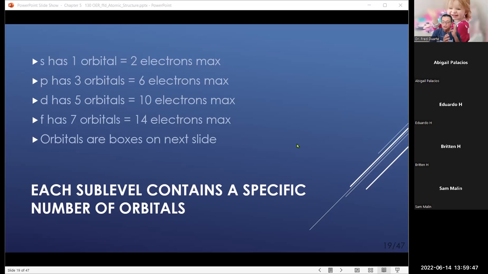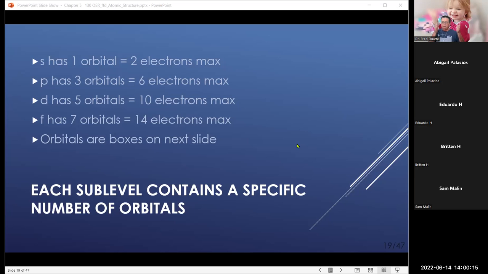Since the P has 3 orbits, each one can handle 2, so the maximum electrons the P orbits can handle would be 6, 3 times 2. In the D orbits, there's 5 separate D orbits. Again, each one can handle 2 electrons, which gives you a total of 10 electrons for the D orbits.